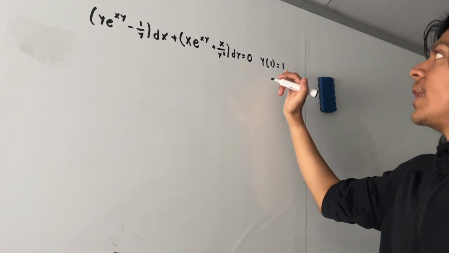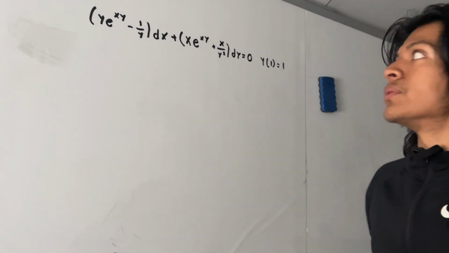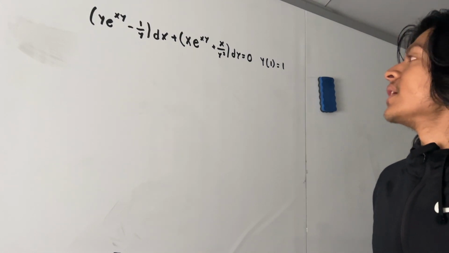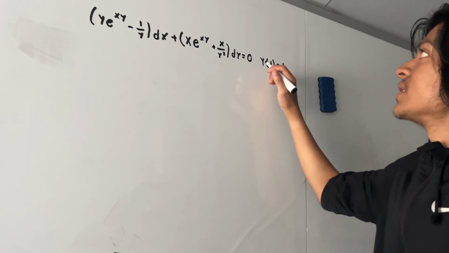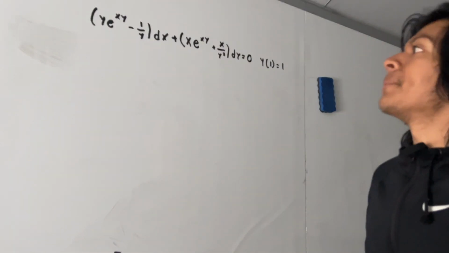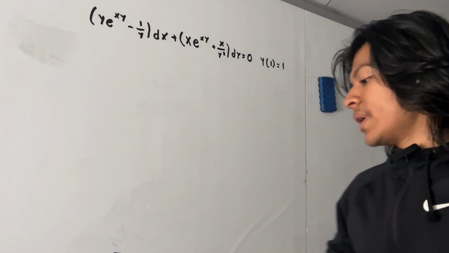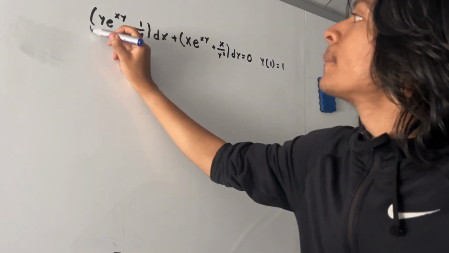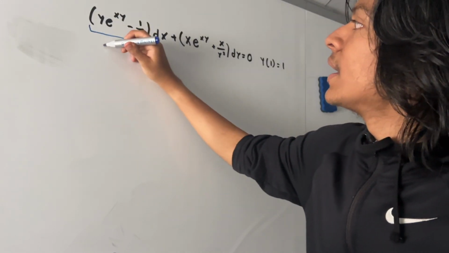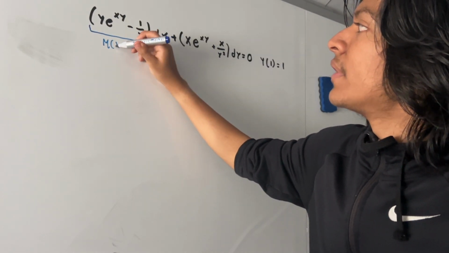So that way, at the end, we're going to have to plug in these values and actually get an equation really that crosses through this point. Okay, we can go about the same approach as we did with the other problems. So this part right here is going to be M of x, y.